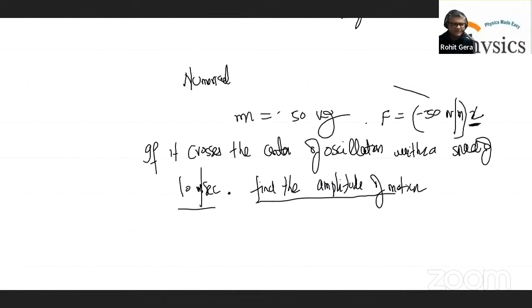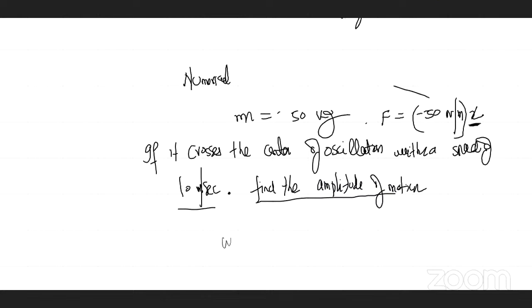And it is under SHM, that is given, so nothing to worry. We can find omega. Omega is 1 radian per second. Omega is known.